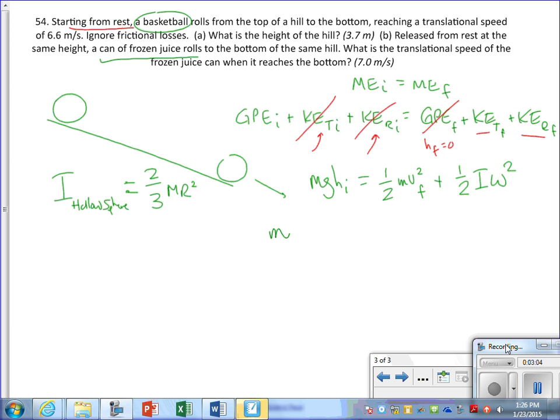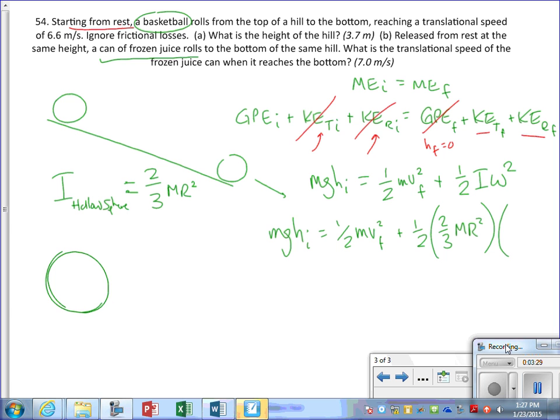We'll keep the mgh, we'll certainly keep this, and we'll say this is 1/2 times 2/3 mr squared, times omega squared.